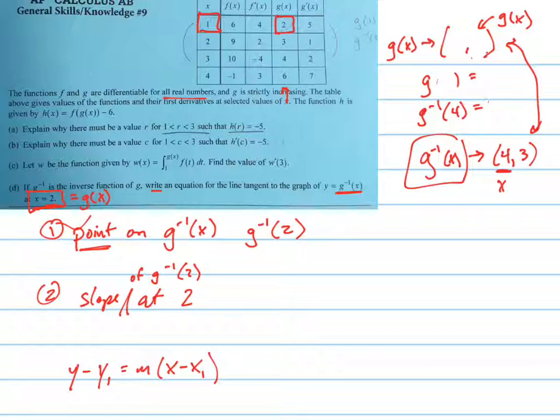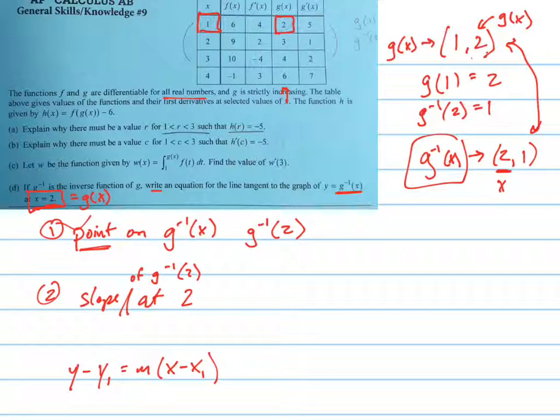You see why I was randomly picking 4 and 3, just to show you points, but now let's find the exact one. So when on g of x our point is 1 comma 2, that means that g of 1 equals 2. Our point on our inverse will be 2 comma 1, so when I plug in 2, I get 1, in other words.